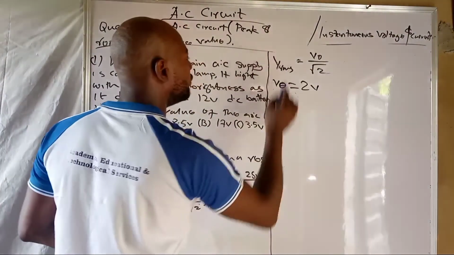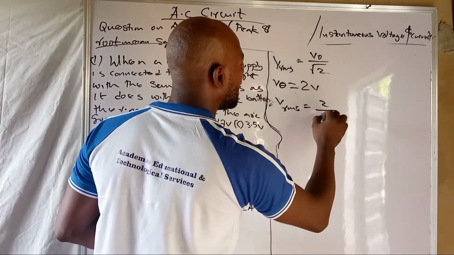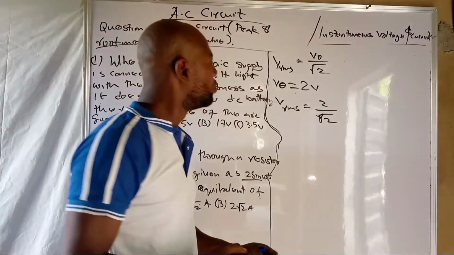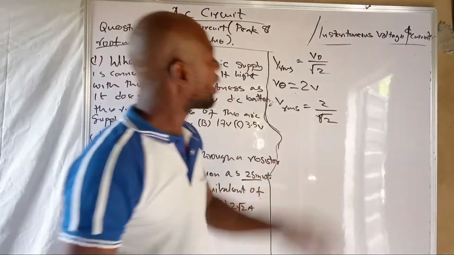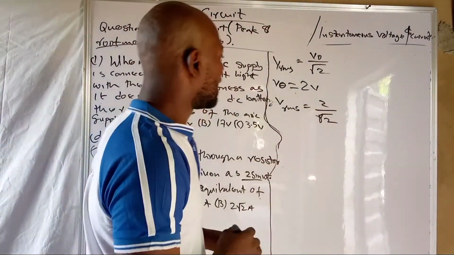Then root mean square is given by 2 over root 2. If you use your calculator, if you are allowed, you get your answer.